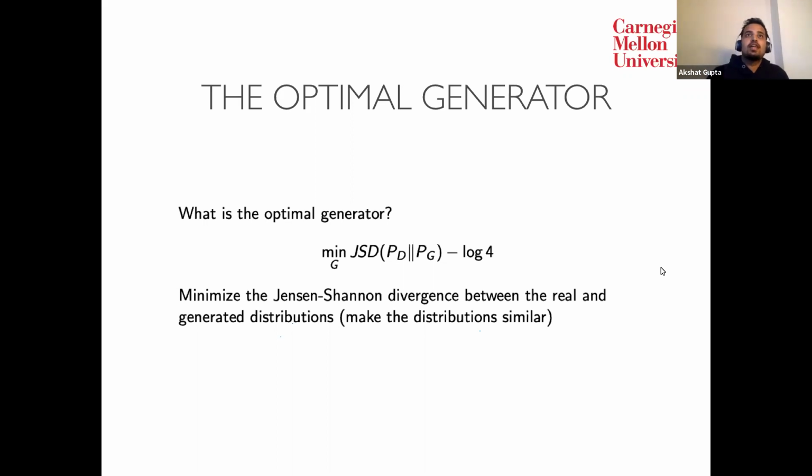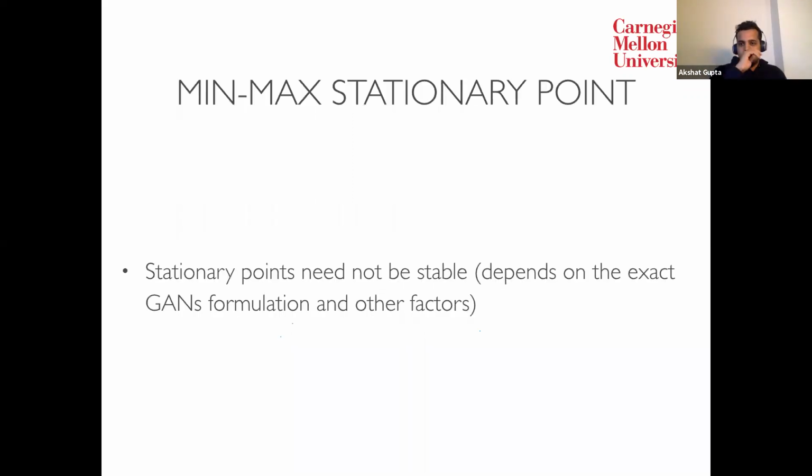So that's what's going on in GANs. Something we began discussing last week was the min-max stationary points. In the previous couple of slides, we saw that the stationary points exist, but it's not necessary that the generator, and GANs in general, would be able to reach the stationary point.